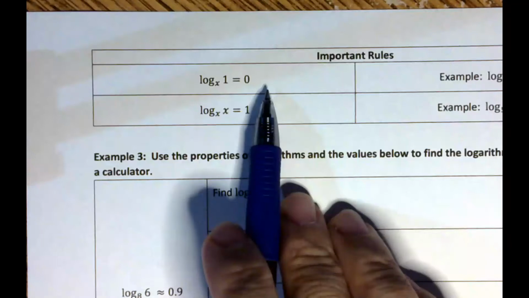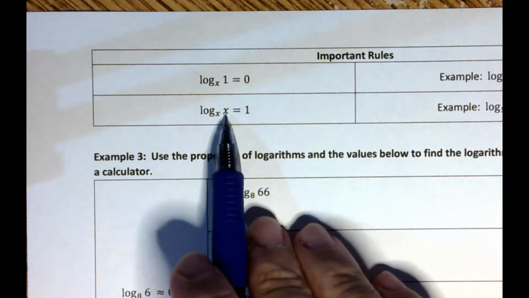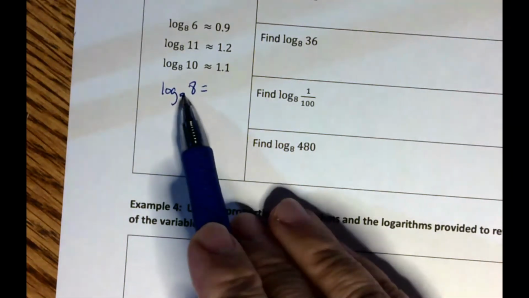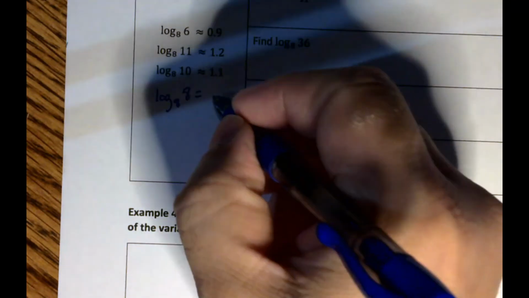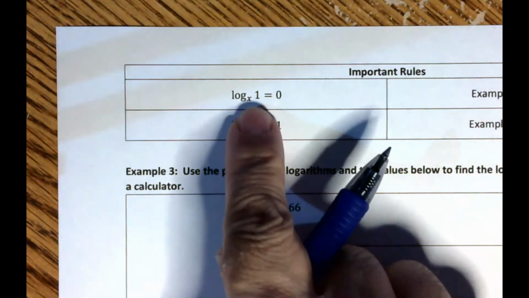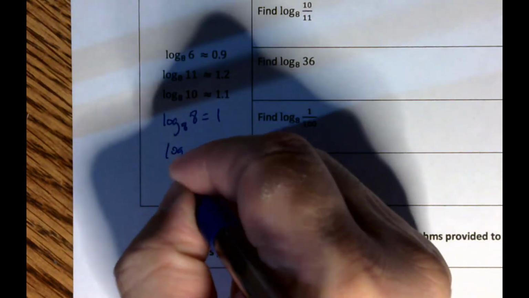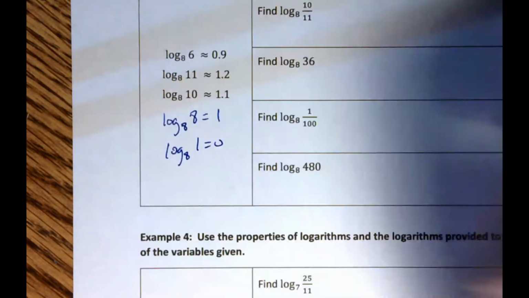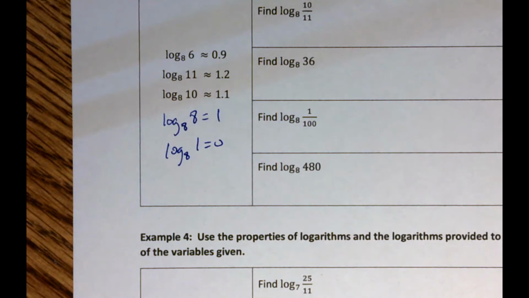What I want to put here are these two rules I just mentioned: log base x of x is 1, so log base 8 of 8 is 1. And log base x of 1 is 0, so log base 8 of 1 equals 0. It's a reminder.